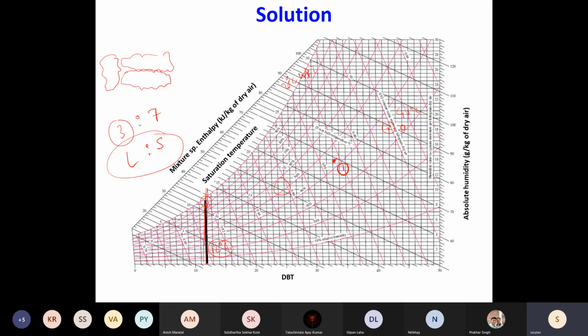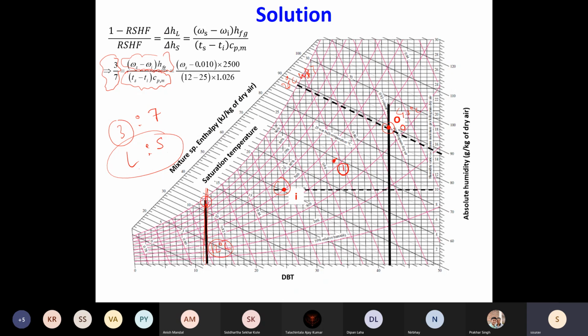So if I make use of this fact, then I can actually obtain the humidity ratio. Because this point I is fixed. All we need to now fix is the state point S. 1 is also fixed because I and O, you draw the line, you bisect it, 50 is to 50, you will get the state of 1.